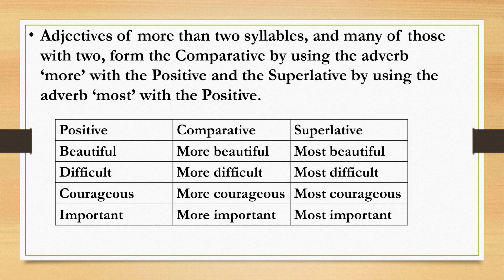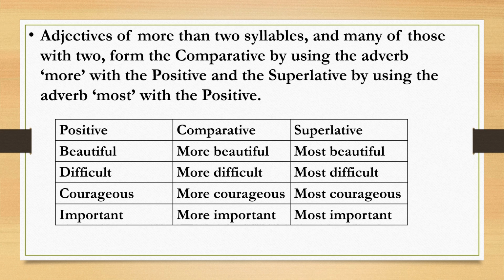Now, adjectives of more than two syllables and many of those with two form the comparative by using the adverb more with the positive and the superlative by using the adverb most with the positive. Look at the first example in the table. We have the word beautiful in the positive degree.